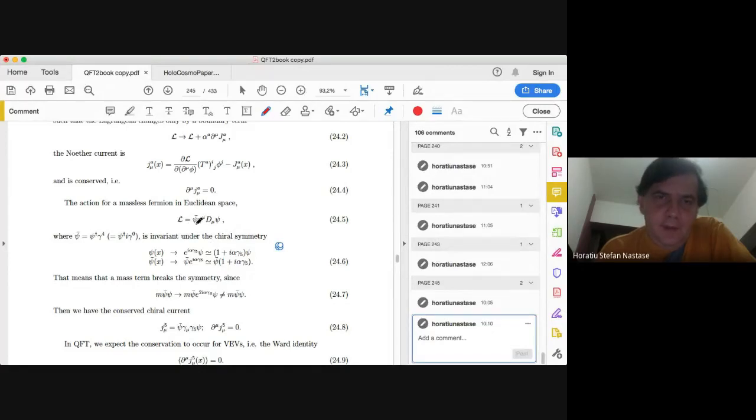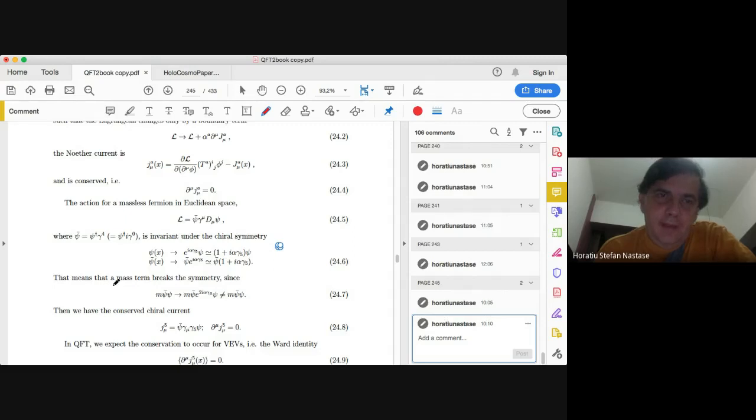This goes to psi bar e to the i, well, let's say at the infinitesimal level. So the variation is i alpha gamma 5, but gamma 5 anticommutes with gamma mu. So the variation, when I put it on the right hand side of gamma mu, becomes minus i alpha gamma 5 and cancels with the variation coming from psi. So because of this gamma mu, the kinetic term is invariant.